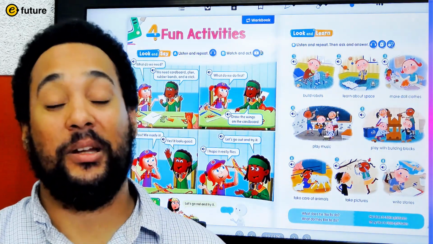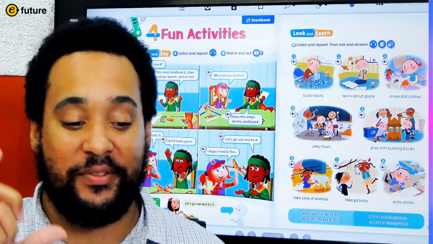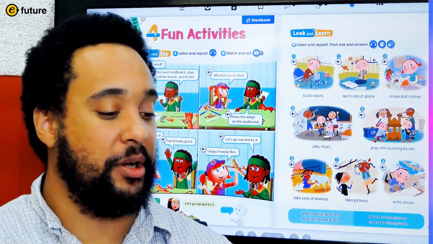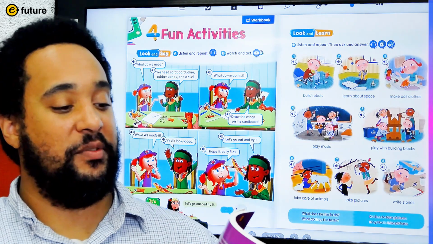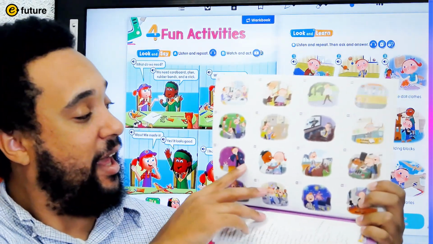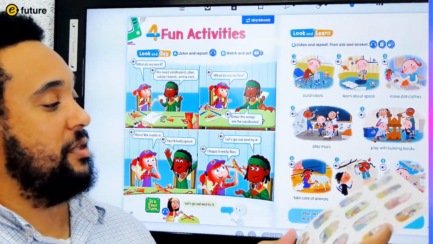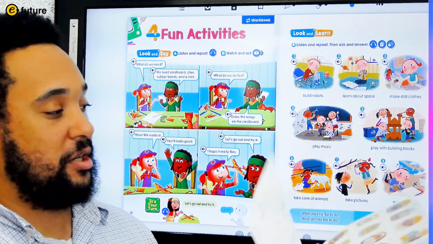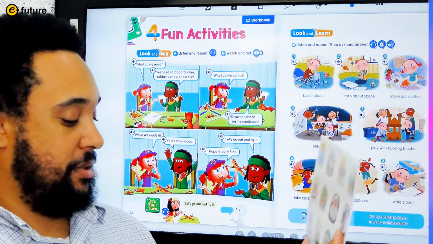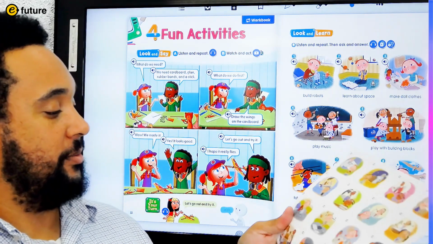Okay, everyone, great work. Let's get back together. Now, I need you to take out your mini flashcards from the back of your book. So, I'll give you a moment to go to the back of your book here and find the Unit 4 flashcards. So the Unit 4 flashcards are numbers, they'll be here.